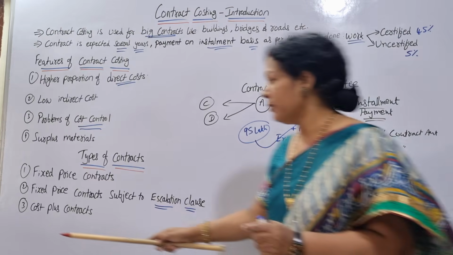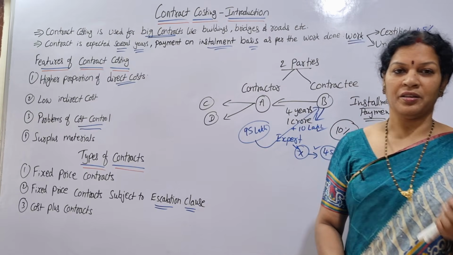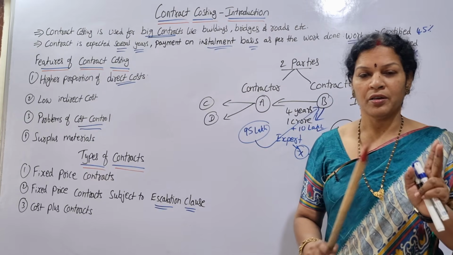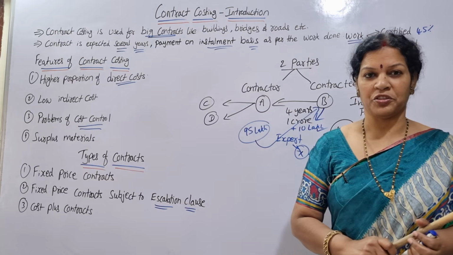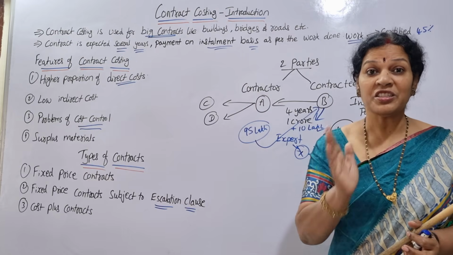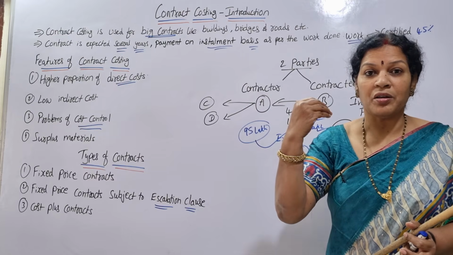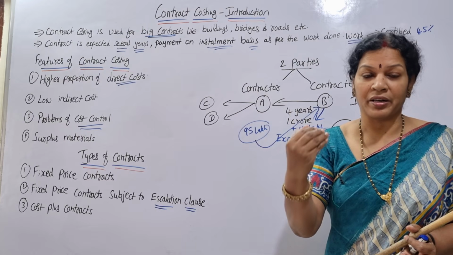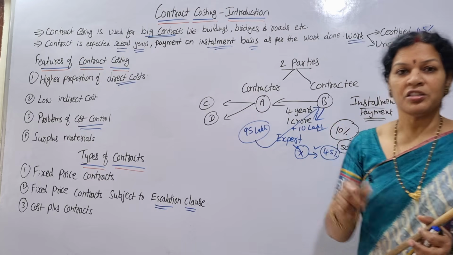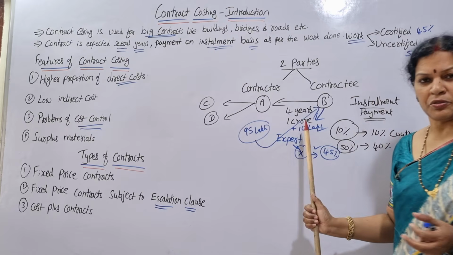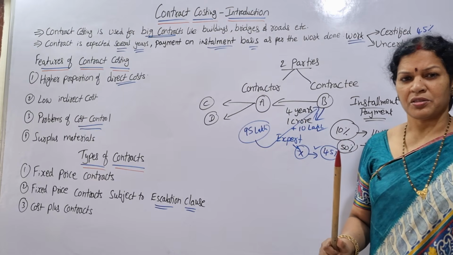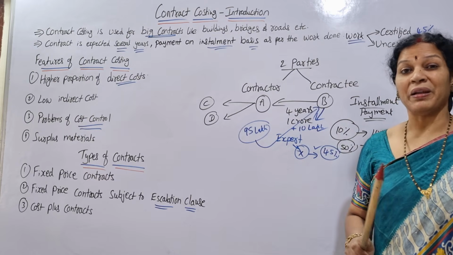And third one, cost plus contract. Cost plus contract means the exact cost of the contract, exactly how much is the cost to be borne by the contractor. Suppose the cost is 1 crore as we thought. To that we'll be adding plus.